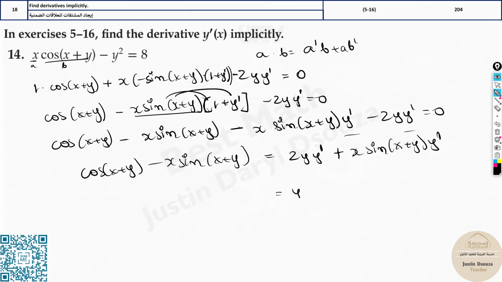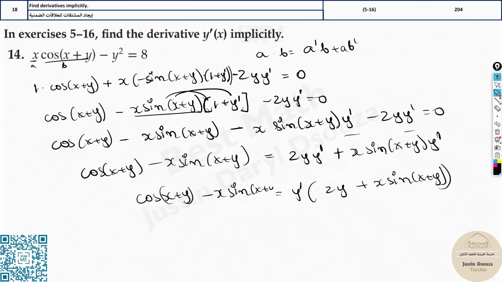Now let me take the y prime common. You're going to remain with (2y + x sine(x + y)). Then on the left side we will have cosine(x + y) minus x sine(x + y).